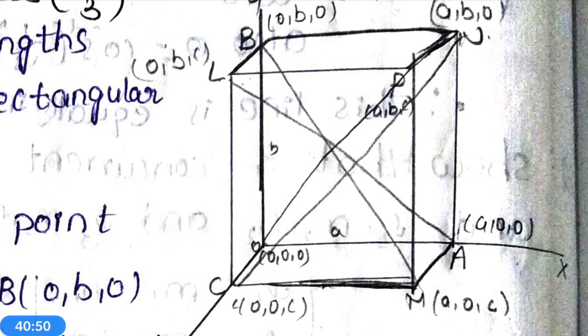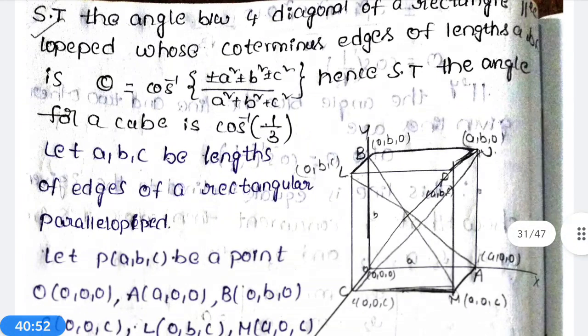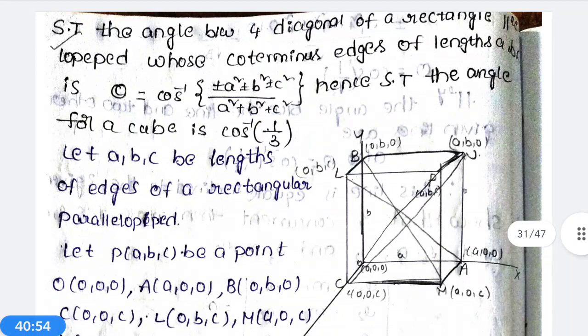Using the 6 faces, we can draw 4C2, that is 6 diagonals. Among the 6 diagonals, we want to find the angle between 2 diagonals. So, let P be (a, b, c) and O be (0, 0, 0). A is a point on the x-axis, that's why (a, 0, 0). B is a point on the y-axis, (0, b, 0). C is a point on the z-axis, (0, 0, c).